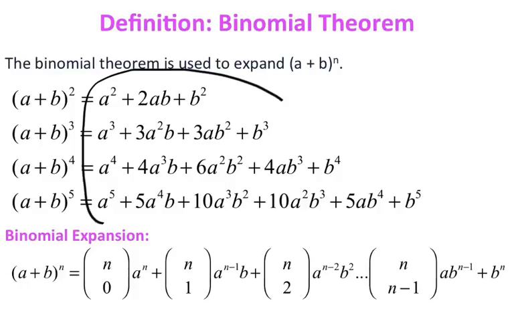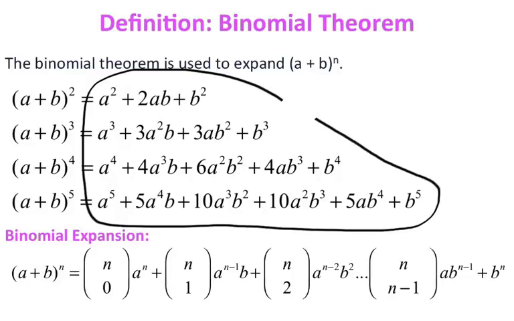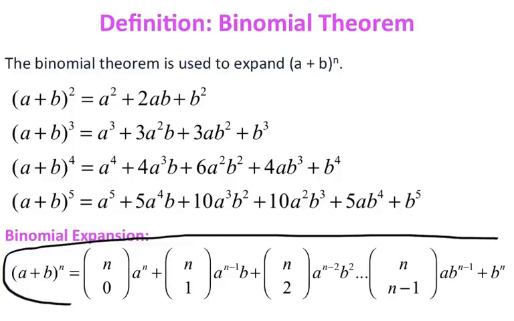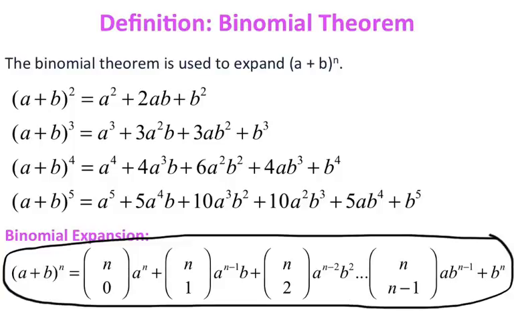Now this I actually already expanded. But let's say I wanted to do (a + b) to the 10th power. What I can do is use the binomial expansion. And this entire formula, which again looks overwhelming, is the binomial theorem.